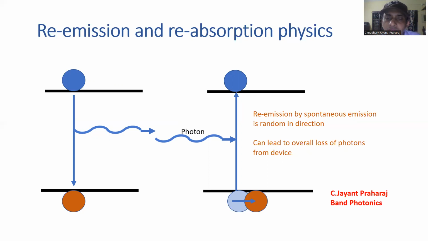So it will lead to some overall loss of photons, but some of it can be retrieved. While this is not true for non-radiative recombination. So we need to specifically minimize non-radiative recombination during solar cell operation, but we also need to keep in mind the details about the radiative recombination. And so these are some of the re-emission and reabsorption physics that's taking place inside these materials and inside these solar cell structures.